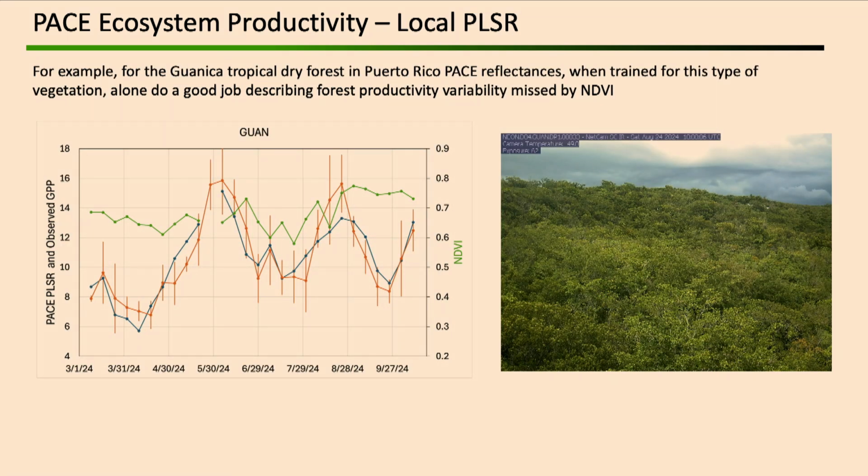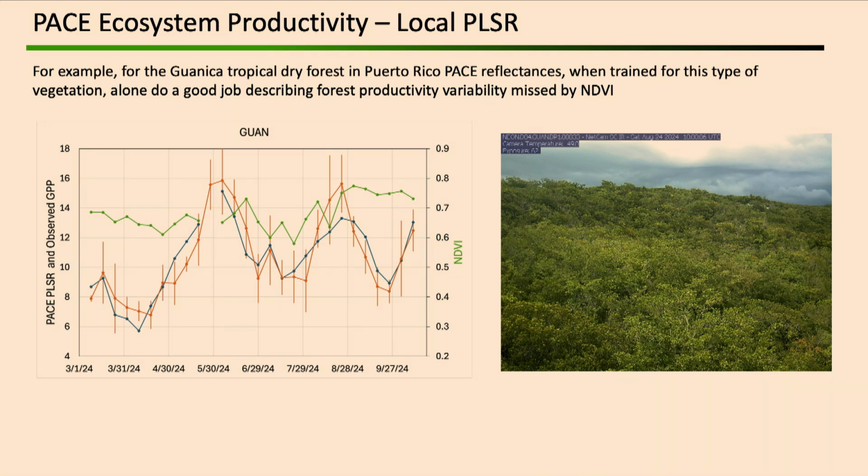And then finally, we can just zoom down into one site. And so this is the Guanica tropical dry forest in Puerto Rico. And the orange curve here, this is against time. The orange curve is the GPP, the gross primary productivity measured by the flux tower there. And the green line there is the NDVI.